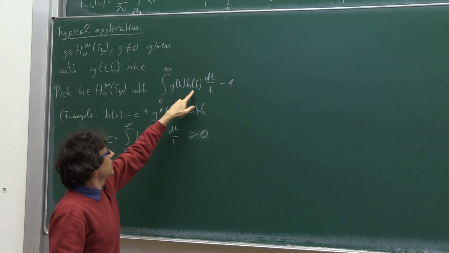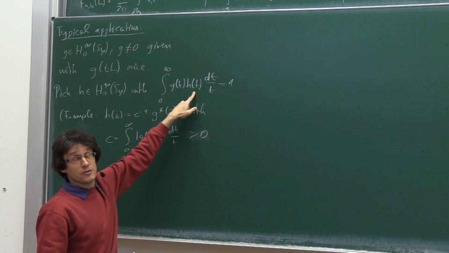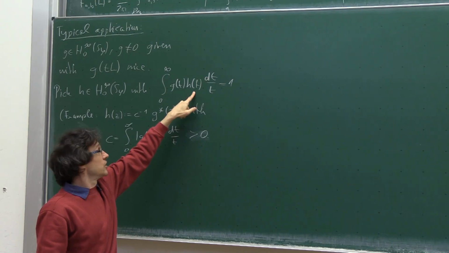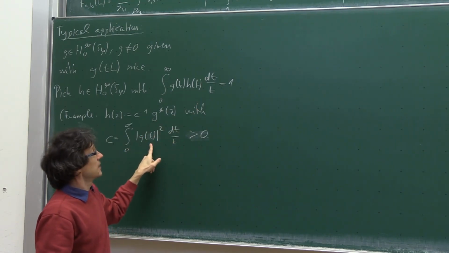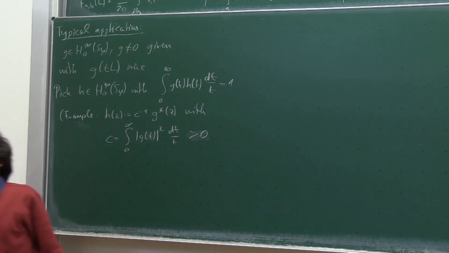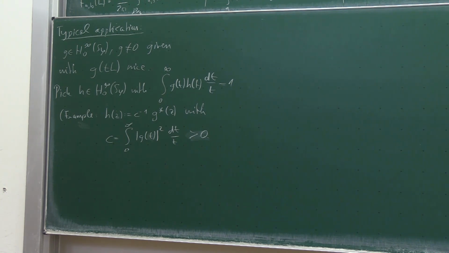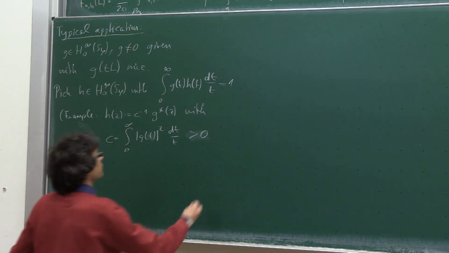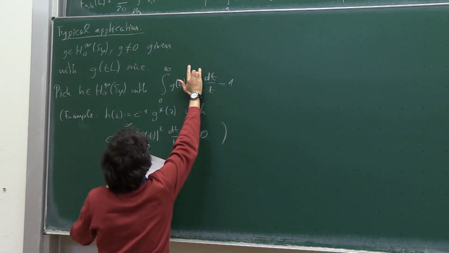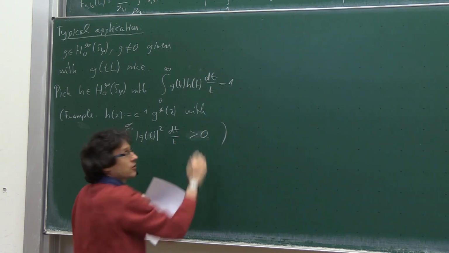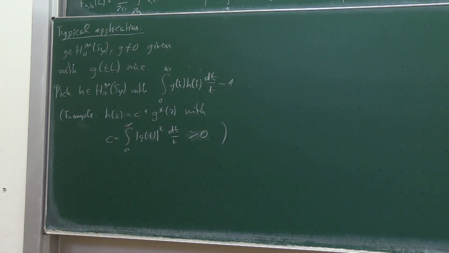So then you have g times the complex conjugate of g. This gives you the modulus of g squared, and the c is exactly what makes this integral equal to 1. So such a function always exists, even if you are unlucky and this integral is 0 and you cannot just normalize by a constant. You will always find a function h that gives you this integral being 1.